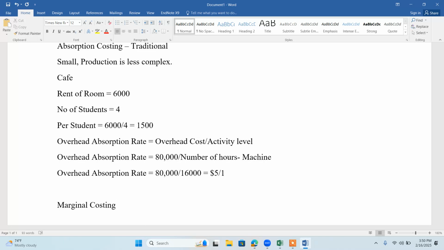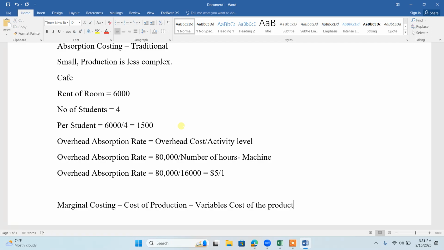In marginal costing, if you are using this method to calculate the cost of production per unit, we only consider the variable cost of the product.